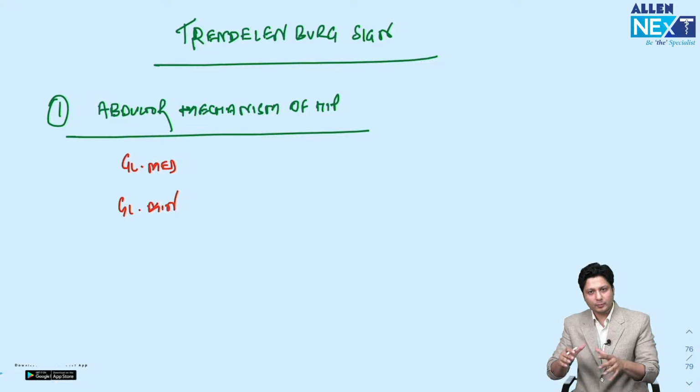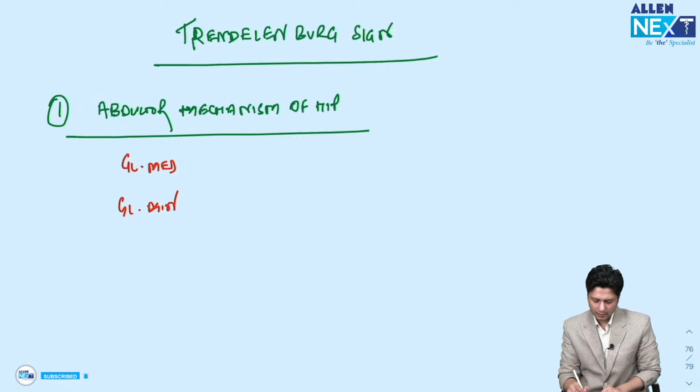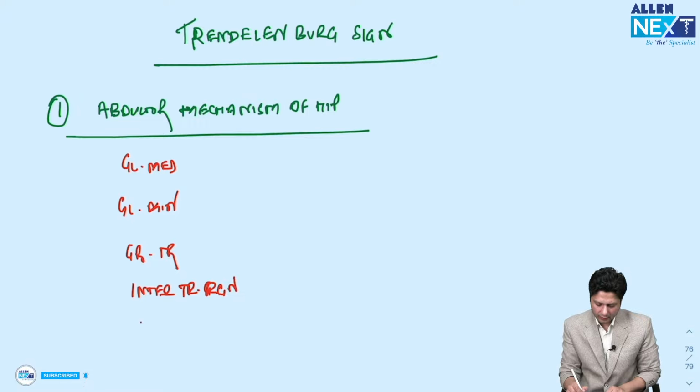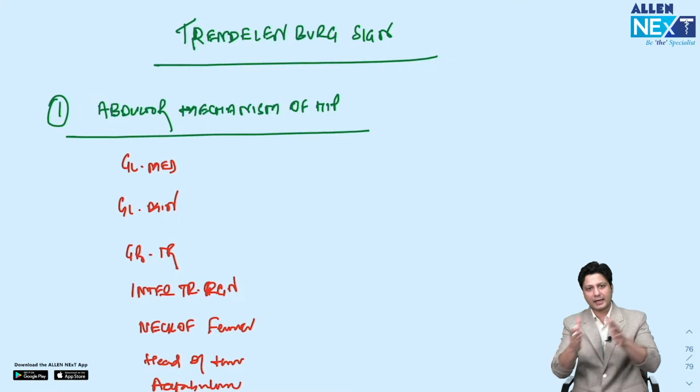All these muscles are attached to the greater trochanter. Then from the greater trochanter we go up to the intertrochanteric region, then the neck of the femur, then the head of the femur, and the acetabulum. Together, they form the abductor mechanism of the hip joint.